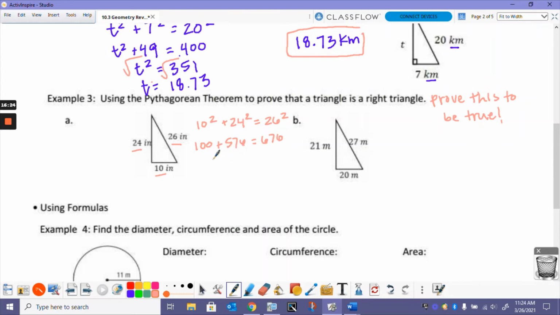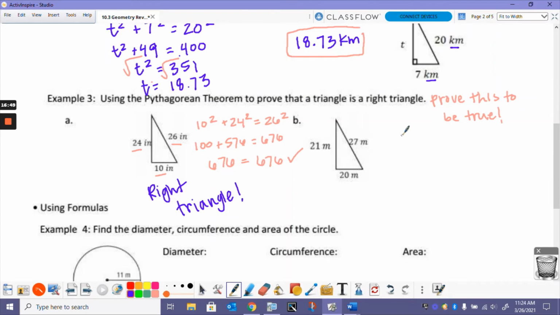So 100 plus 576 gives us 676. So you can see that 676 does equal 676. So this is great, which means this is a right triangle. Perfect.